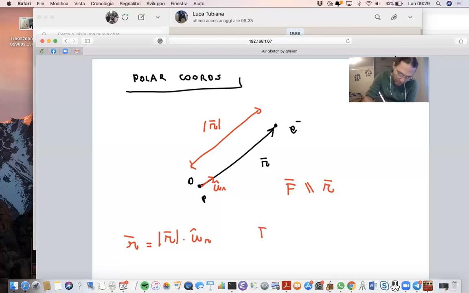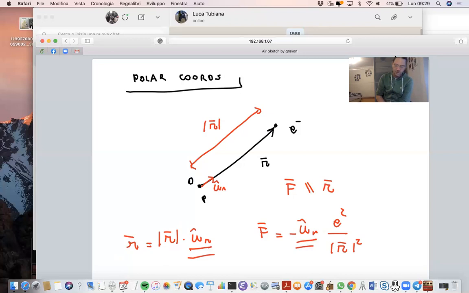Similarly, the Coulombic force is the negative of this unitary vector times e squared divided by this square. So these mathematical expressions clearly show that the two forces are, in fact, parallel, or better, anti-parallel in this case, but they lie on the same line.